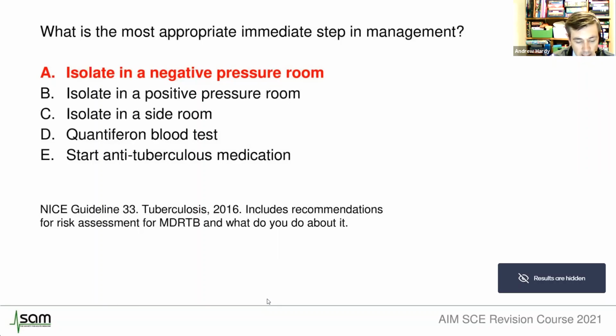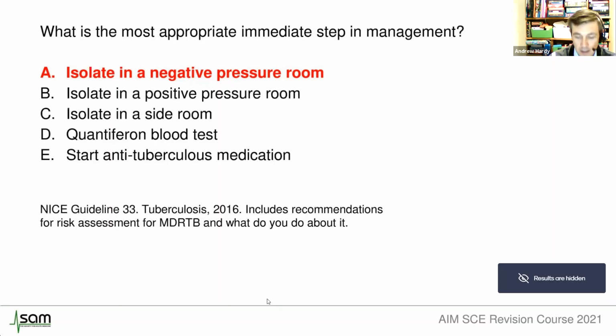Occasionally, you might see MDR TB. The risk factors here are obviously partial treatment of TB previously, somebody who's been treated abroad, or a history of alcohol or drug misuse. If there's any concern about drug-resistant TB, then the person should be isolated.